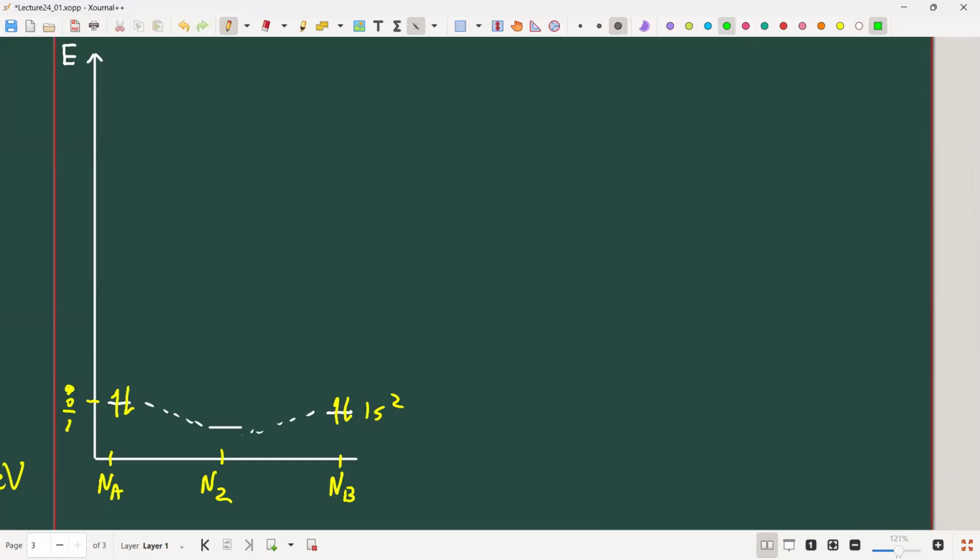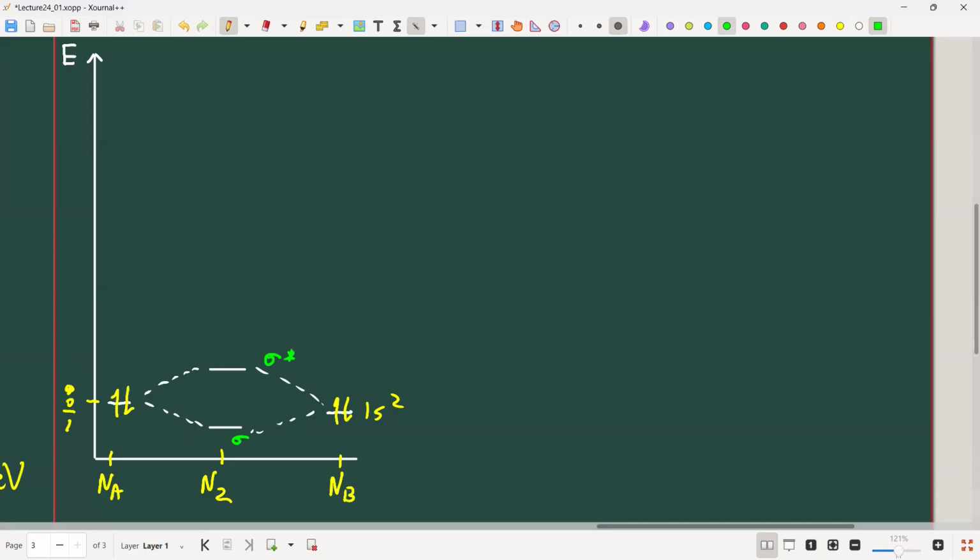So we get a sigma bond, and we get a sigma star anti-bonding orbital. And now we can fill these 2 orbitals with electrons. There are 4. So both of the orbitals get filled.